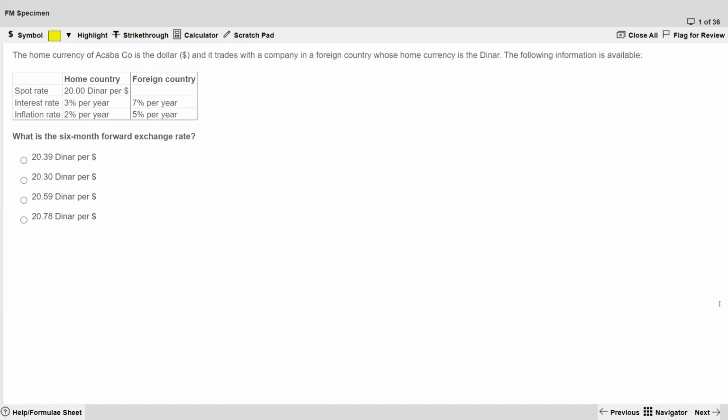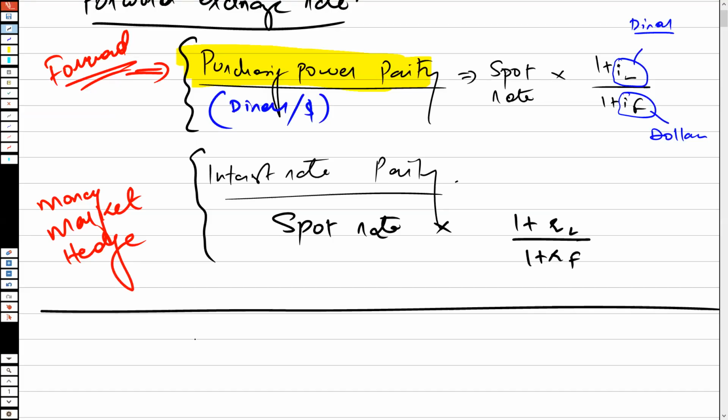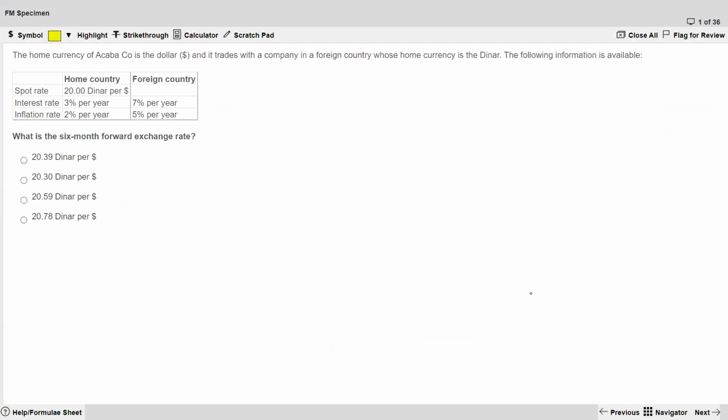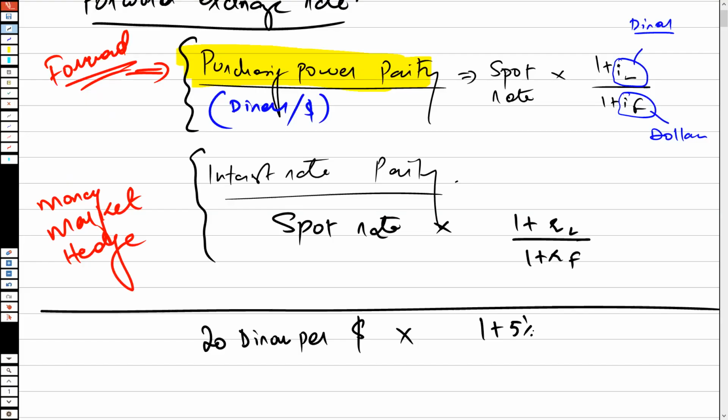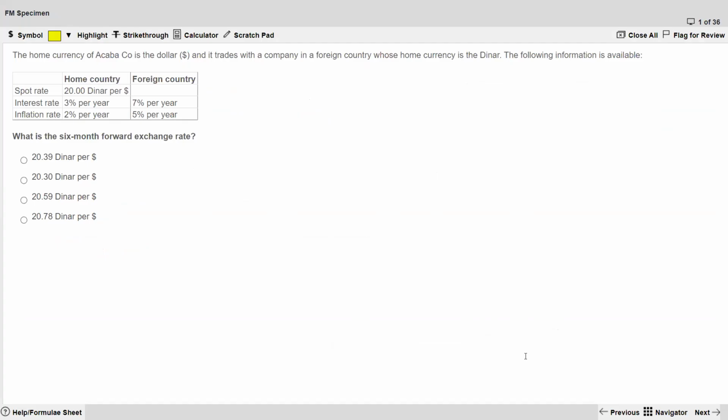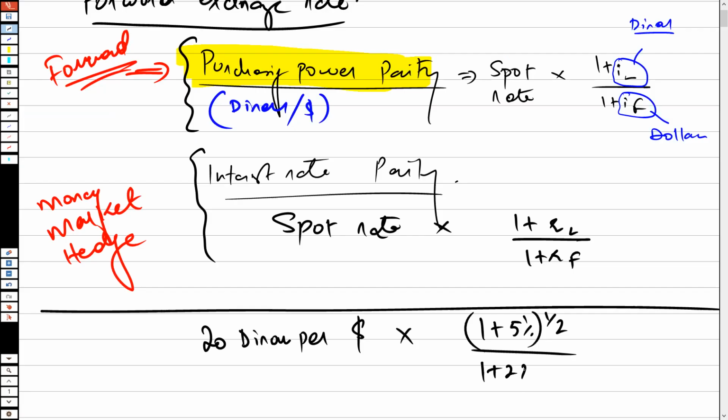So we simply say 20 dinar per dollar multiplied by 1 plus the inflation in the foreign country, the dinar country, which is 5%, to the power 1 upon 2, divided by 1 plus 2% in your home country, again to the power 1 upon 2.